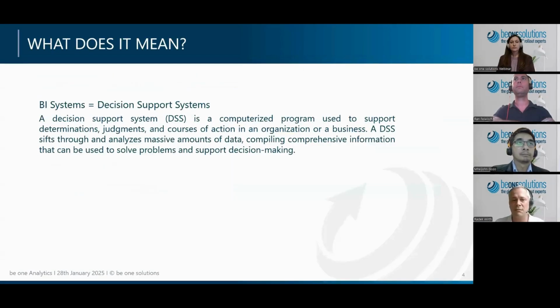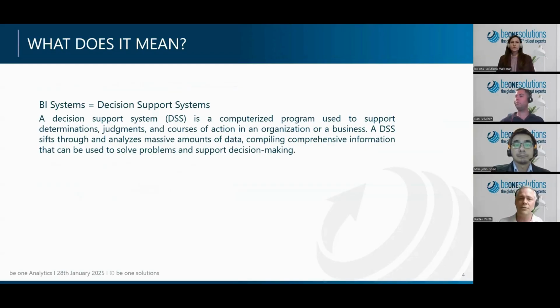What does it mean? It means that your BI system should be seen as a decision support system. So you are generating a lot of data with your SAP system, and you're using queries in order to analyze specific contents of it and to get answers. This is what a BI system will do as well, but better and faster.